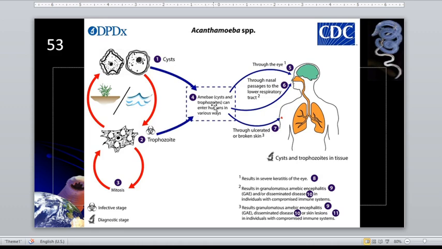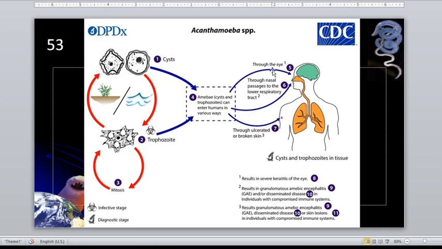The amoeba cyst and trophozoite can enter humans in various ways. Through the eye, when someone is swimming; through nasal passages to the lower respiratory tract, that is inhalation; and through ulcerated or broken skin. If you have broken skin, that is a passageway, an entry point for the organism to invade your body.